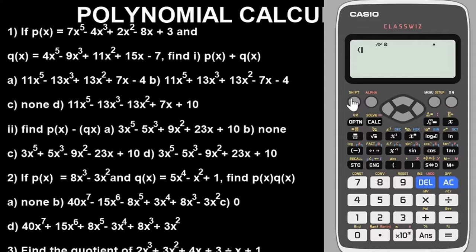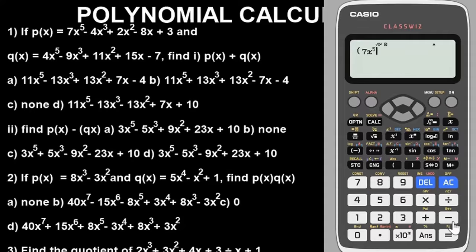Don't just start inputting the values. Make sure each is in a bracket so that you will not have the wrong value as an answer. So we have 7x, quickly guys: 7, alpha x for x to come out. Then we have it raised to the power 5 there.